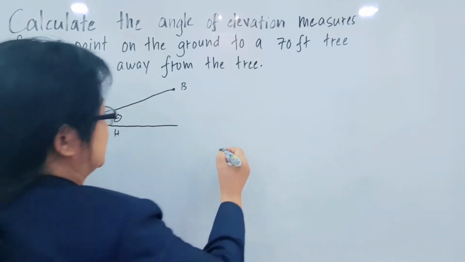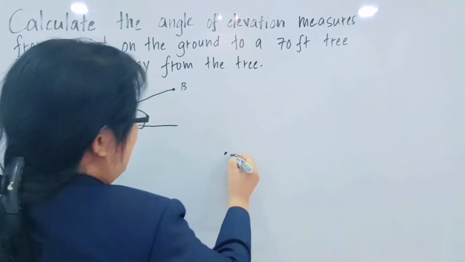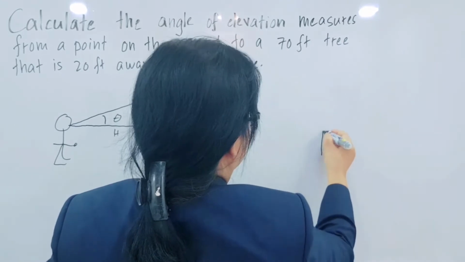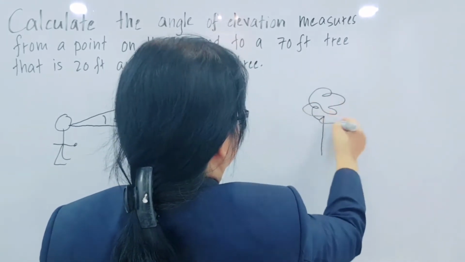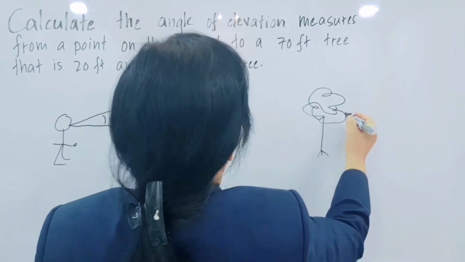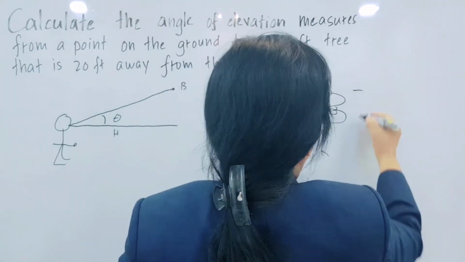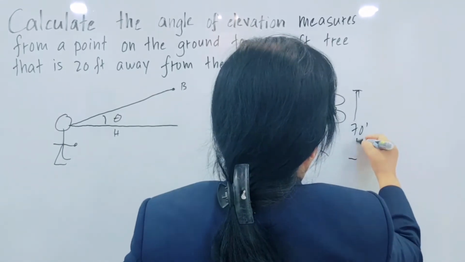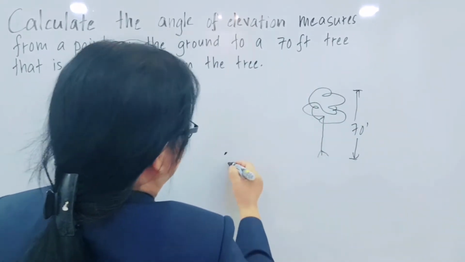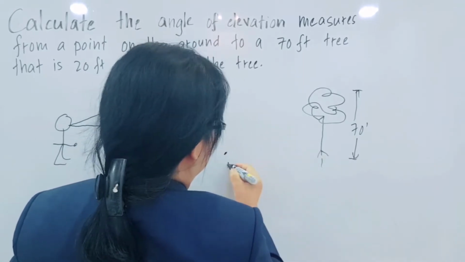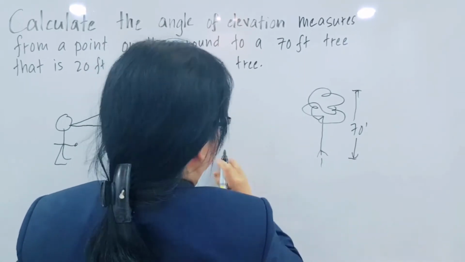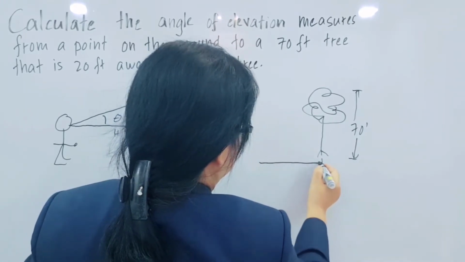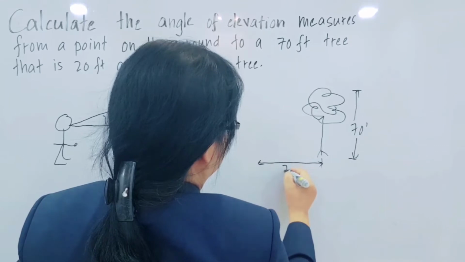That means if this is the point and this is the tree, the height of the tree is 70 feet, and from here to here, the distance is 20 feet.